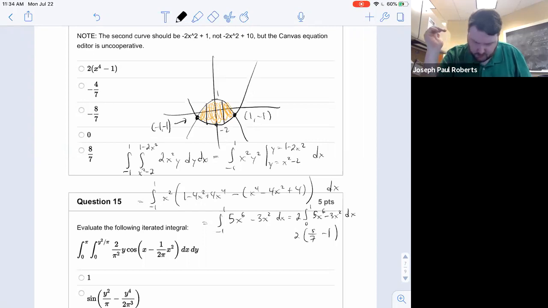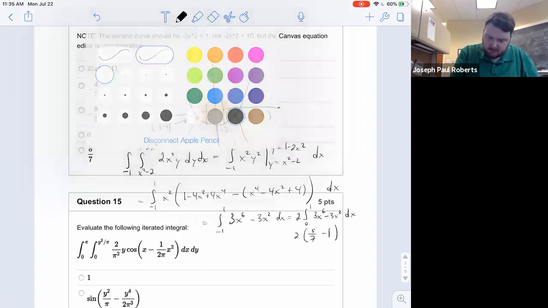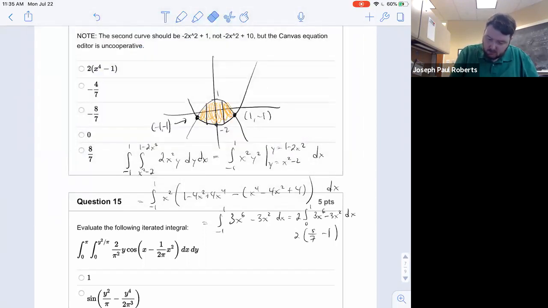Oh, yeah, because I screwed up this. This should have been 3x to the sixth. So this is 3. So 3/7 minus 1 is minus 4/7, times 2 is minus 8/7.